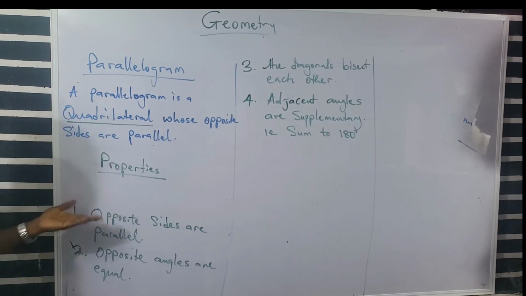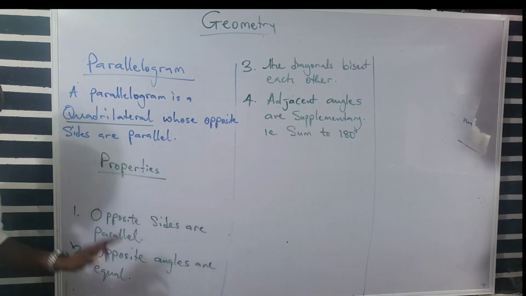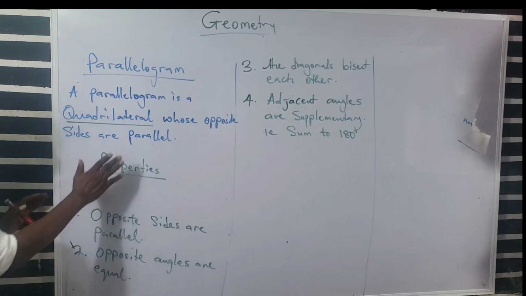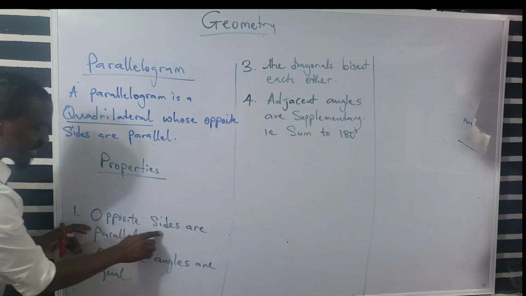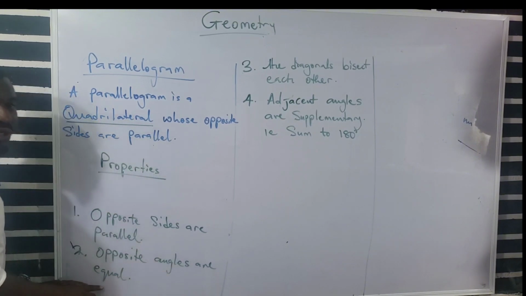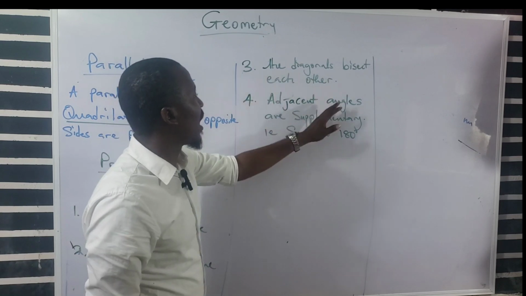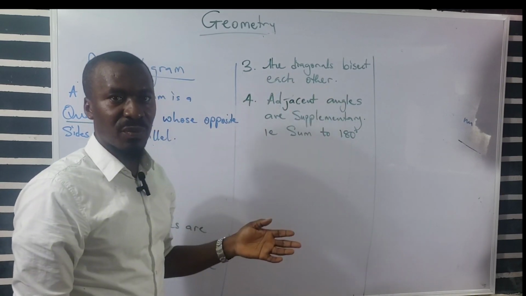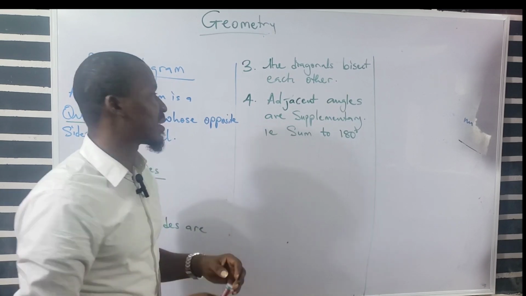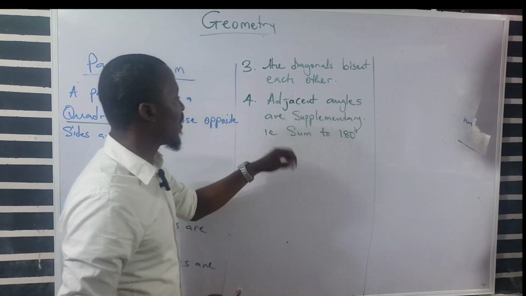Okay, that means it has all the properties of a quadrilateral, then it now has its own special properties. All parallelograms, opposite sides are what? Parallel. The opposite angles are equal. Okay. The number three is that the diagonals bisect each other. Okay. The diagonals cut each other into two equal parts. That's what that means. Then the adjacent angles are supplementary.